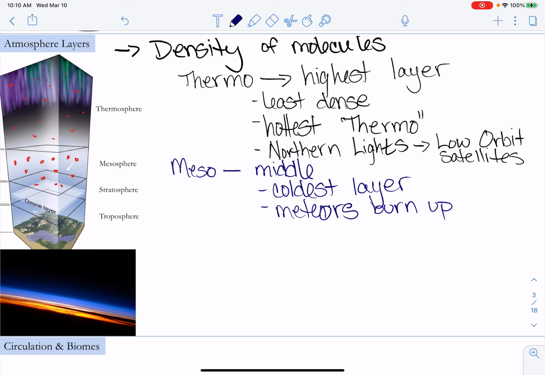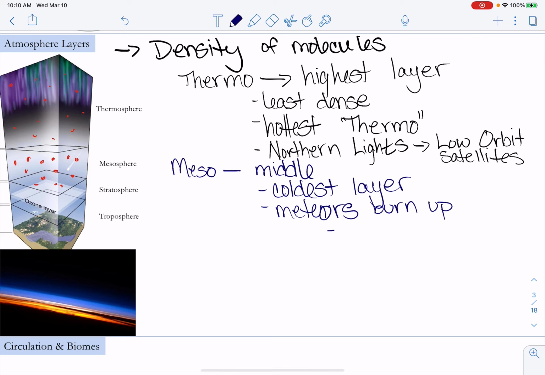Oftentimes the space shuttles hang out in the upper thermosphere or right above the thermosphere. So it's not until they get to the mesosphere that you start to see the glow or the burning of things in space shuttles. That's because this is where the atmosphere becomes dense enough for friction.